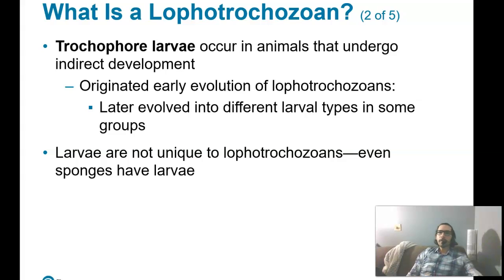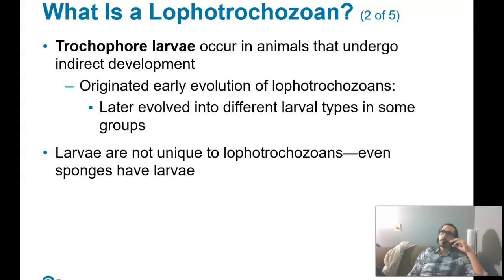So the trochophore larva occurs in animals that undergo indirect development. So these are animals that have a larval form, because when animals have a direct development, that means that once the animal emerges from an egg or some other process, it looks like a mini version of the adult.